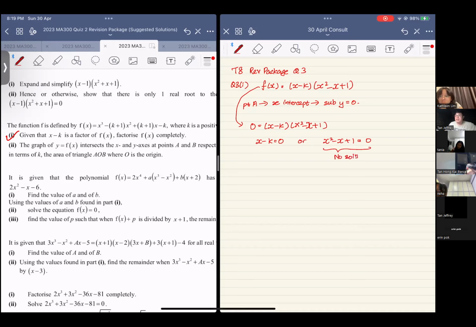Just calculate the discriminant or work out the quadratic formula, and you will find that it doesn't work. The discriminant is less than 0. Here, x equals k. So this x equals k is the coordinate of point A.